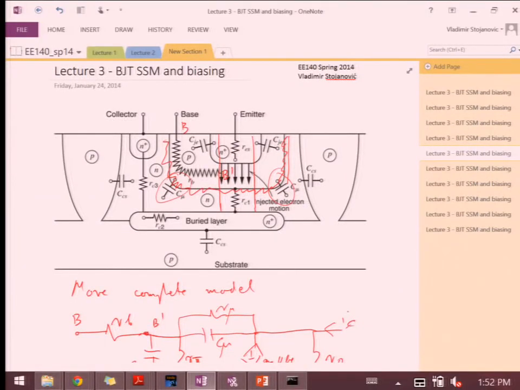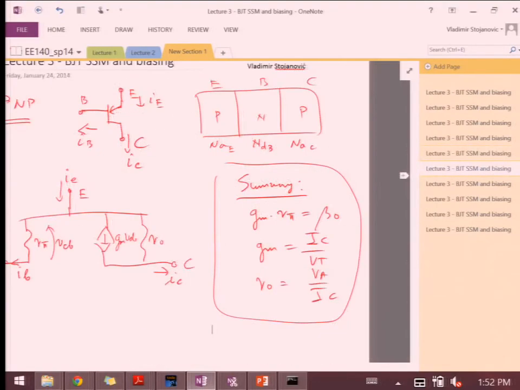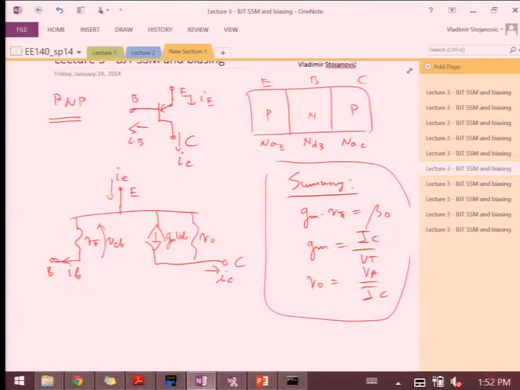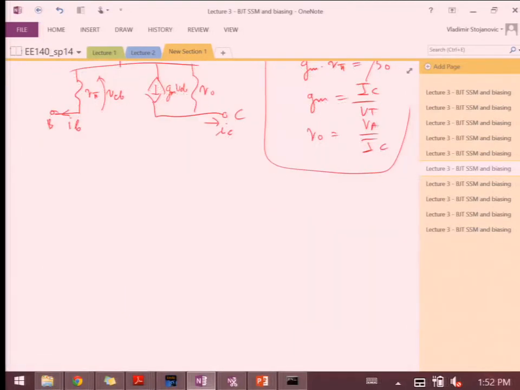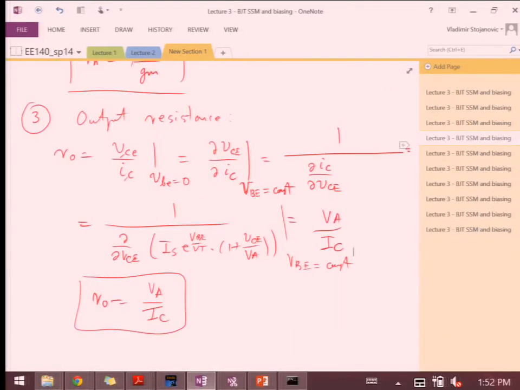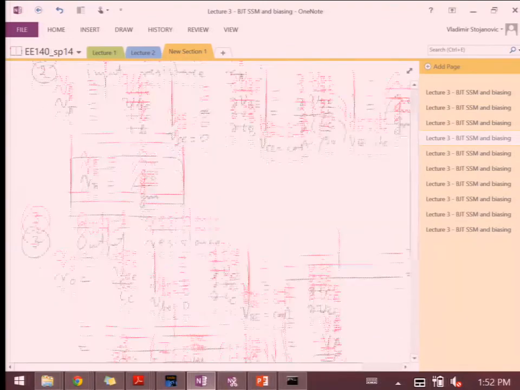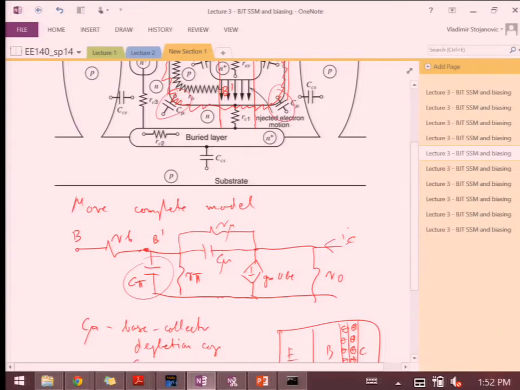Okay. Another kind of cap that we didn't capture, and that's the one that, I think I had it somewhere. Doesn't matter. It was C pi, yeah, here, C pi in the model.